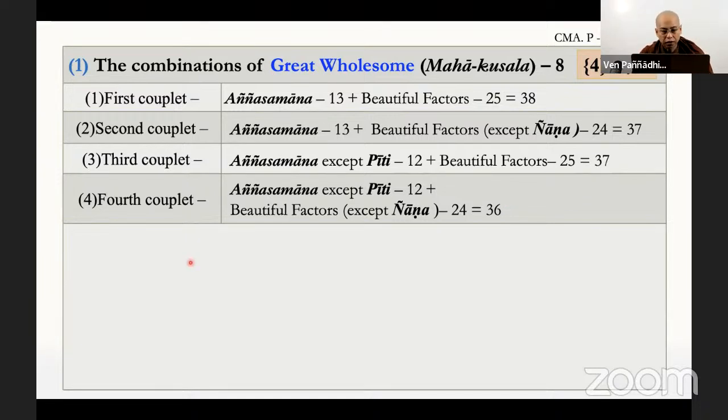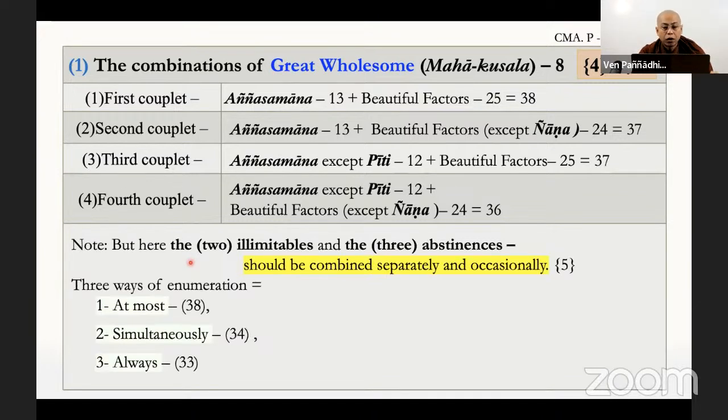Okay, so let's talk about the variation. We already talked about the aniyata, the occasional factors. Some mental factors do not always associate, although they can associate with the consciousness. So in this case, we need to consider the Appamanna and Virati. So the 2 Appamanna and 3 Viratis become variables.